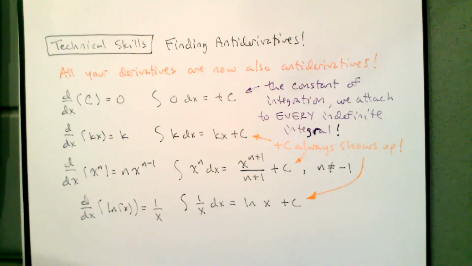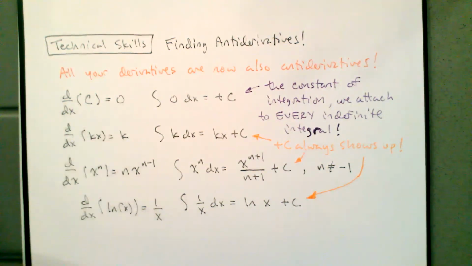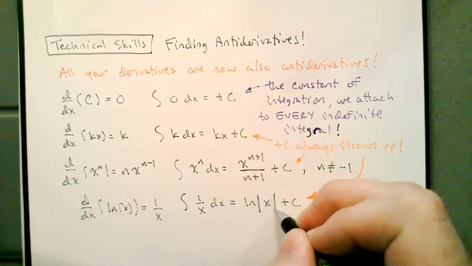There's an extra piece that we need with the integral of 1 over x dx equals natural log of x. And it comes from the fact that 1 over x and natural log of x have different domains. 1 over x can apply to any x that's not 0. Natural log of x requires that x be strictly positive. It's not just the no 0 thing. We can't have the natural log of a negative number. So to make the domains match up, the integral of 1 over x dx is natural log of the absolute value of x.